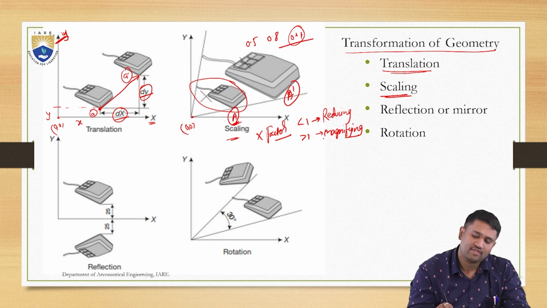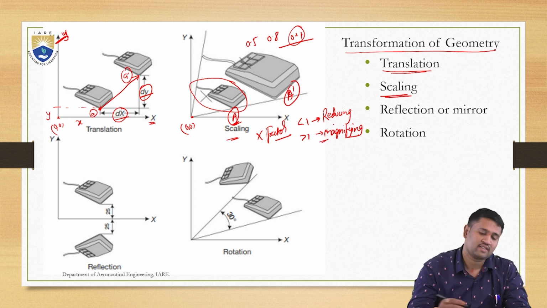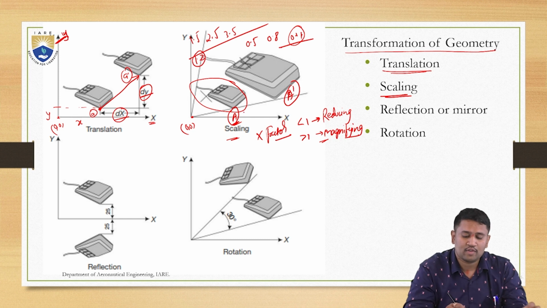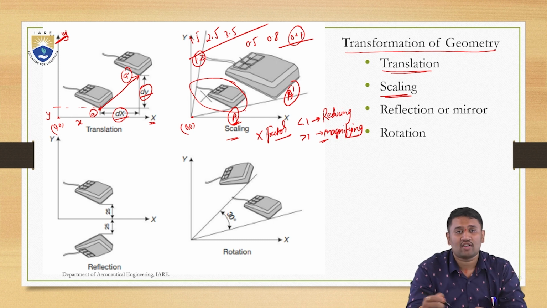If you are using a magnification factor, for example, it can be 1.5, 2.5, 3.5, anything, or 1.2, from the original size it will get increased or magnified in every aspect at a factor of 1.2.